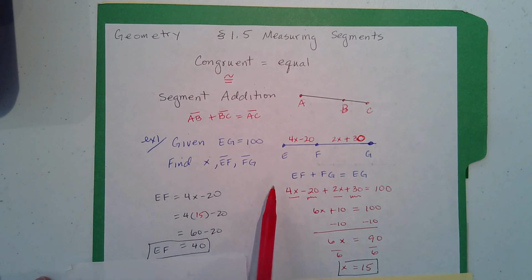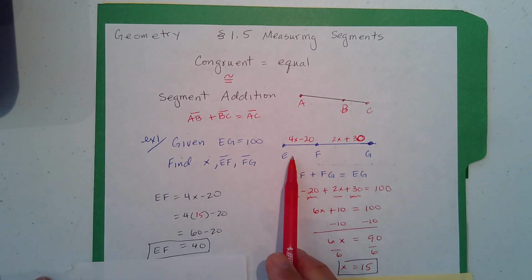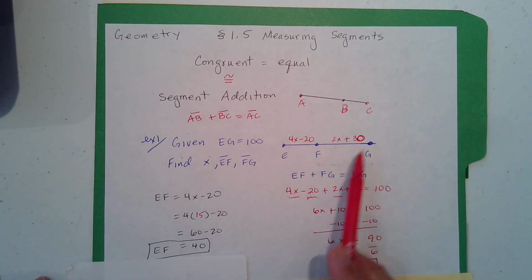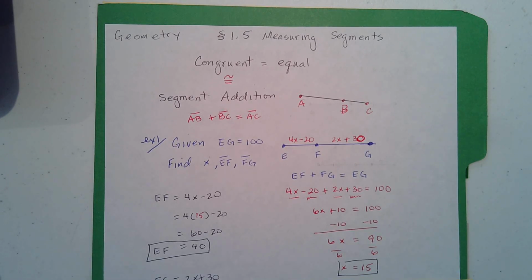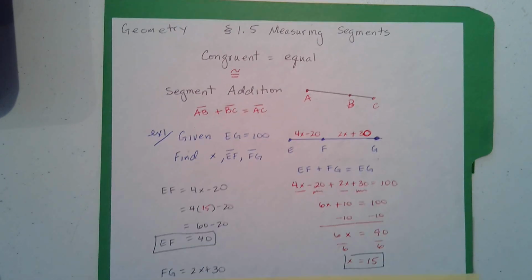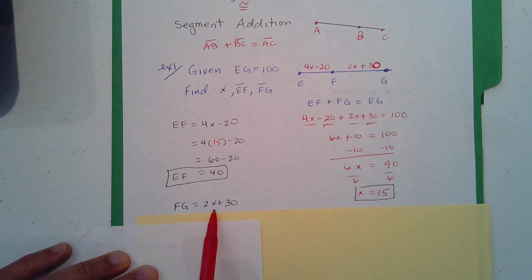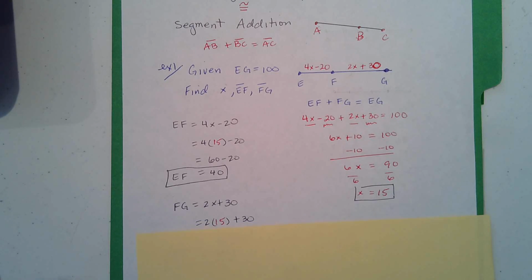We could already find out what FG is, because if this is 40 and this entire thing is 100, FG has to be 60. Or you can just substitute. FG equals 2x plus 30. We got that from here. Substitute 15 for x. And now FG is equal to 60.